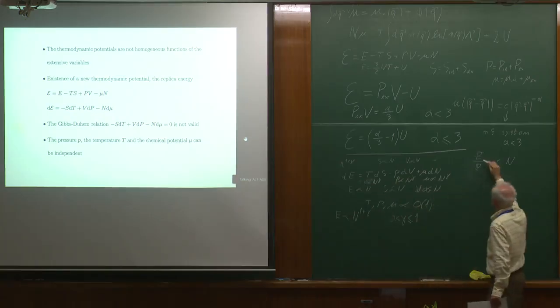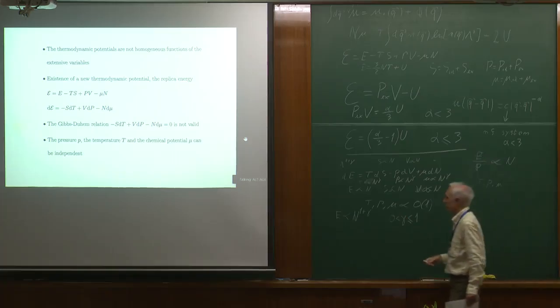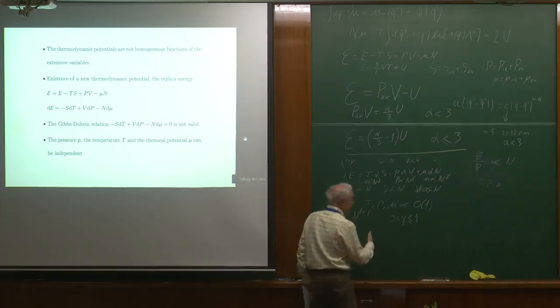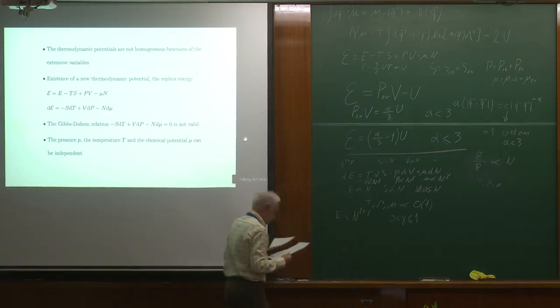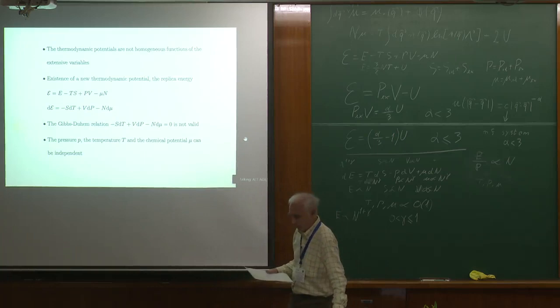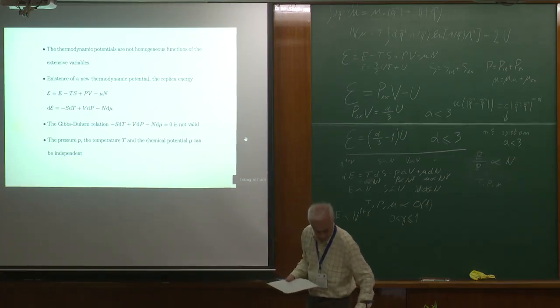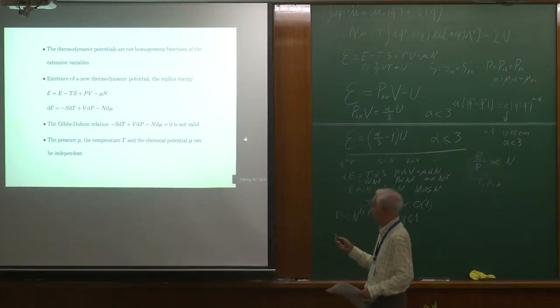But this ratio is still of order n. So the variation of the energy and the other thermodynamic potentials is still much larger than the intensive variable. I hope so, because there was a specific question on this point in the previous lecture.